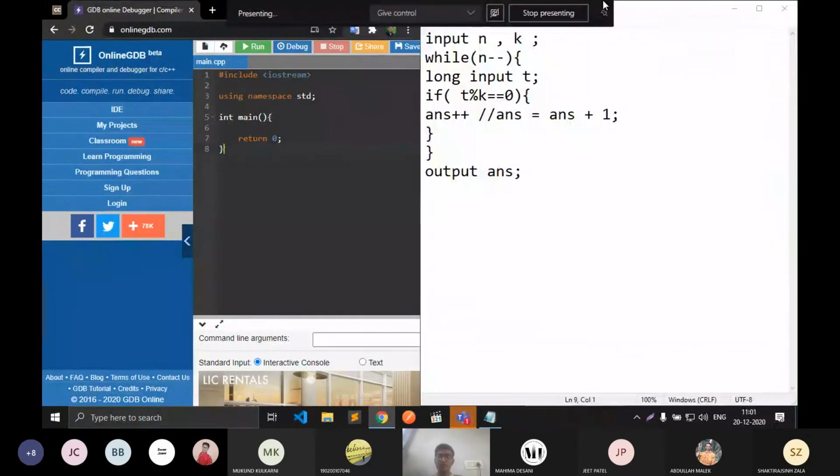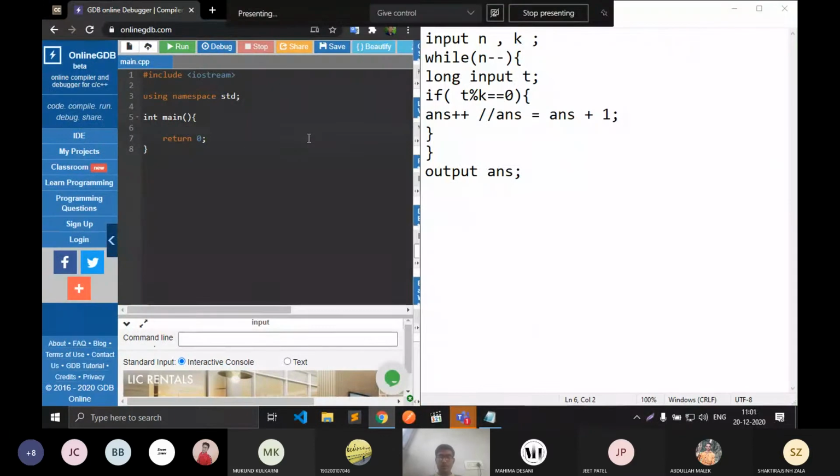Okay, I have to program like this. First is integer n and k. Next I have to input it, so cin n and k. Okay, done. Next I have to write a while loop for it, while n minus minus.